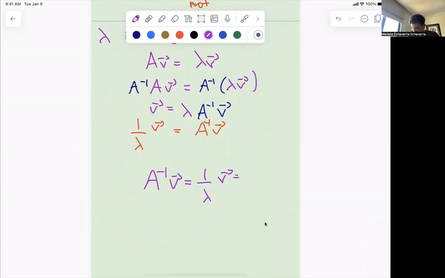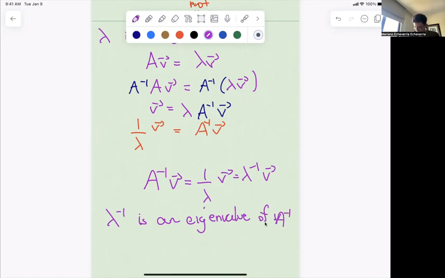So that's just saying that lambda inverse is an eigenvalue of A inverse. So it's an example where it was a lot more useful to start with the original definition of an eigenvalue than trying to find the eigenvalues from the determinant equation.